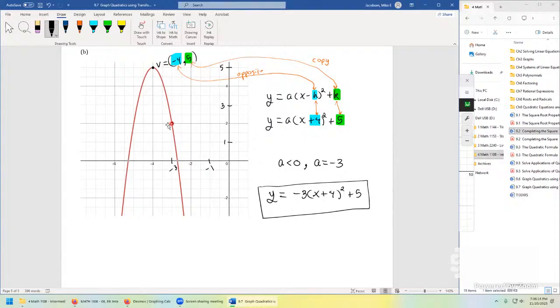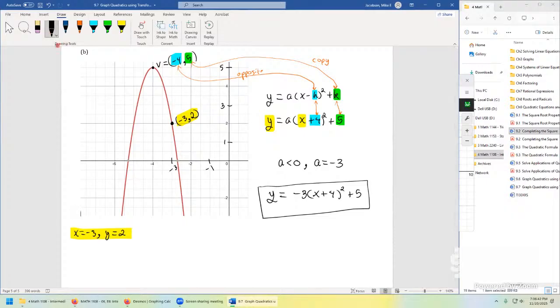But if you want to be extra sure, say there's extra time on an exam, you want to really check this out, here's what you need to do. Get coordinates of that point. They're at -3, +2. This means x equals -3, y equals +2. Plug that information into y and x, and then just solve for a.